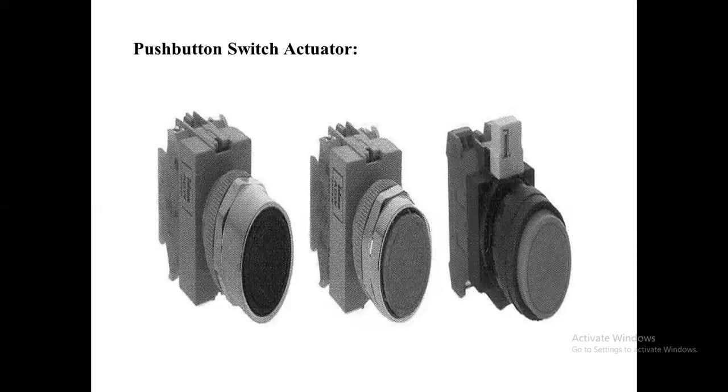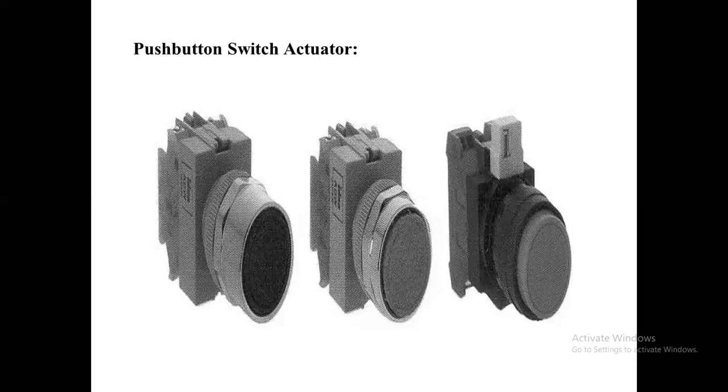Whenever a switch is in its deactivated position, the NO contact will be open. NC contact means normally closed contact, and a normally closed contact will be closed, that is, in conducting mode. The figure shows the schematic symbol for a normally open push button on the left side, and a normally closed push button in the center diagram.